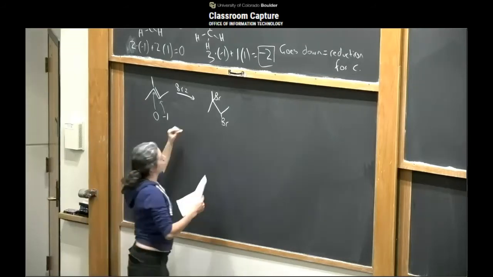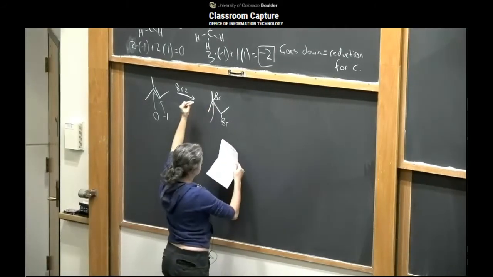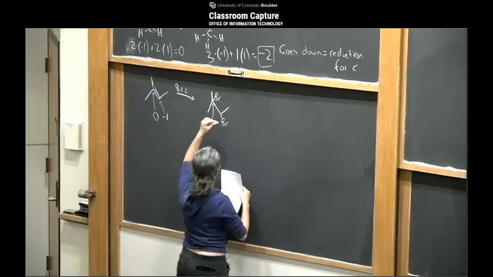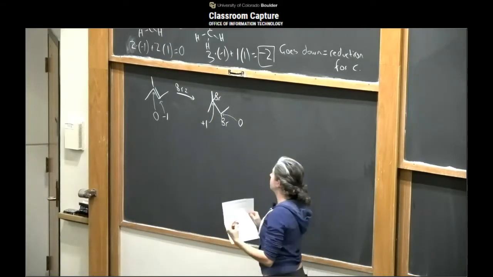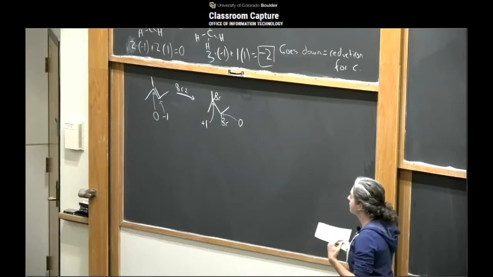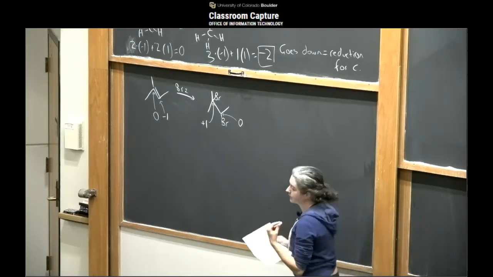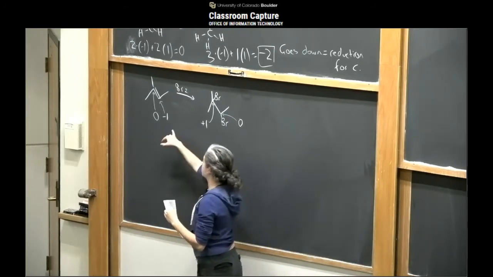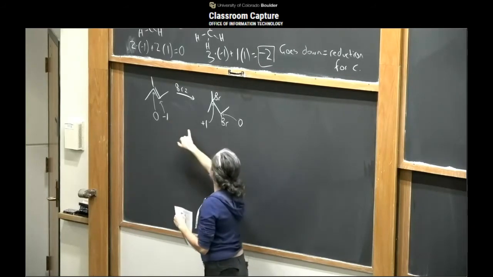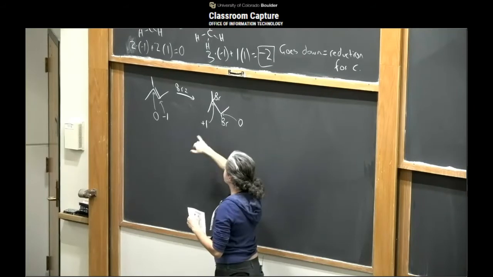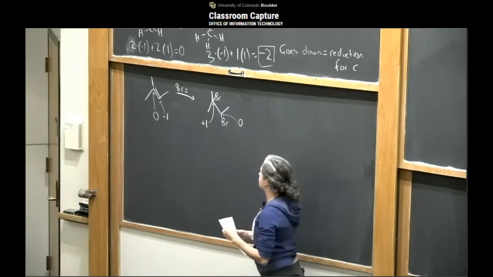After the reaction, though, this thing has an oxidation state of +1, and this thing has an oxidation state of 0. So all we have to do is add up the oxidation states of the atoms that are changing during the reaction. Here it's -1 total, and here it's +1 total. So this is an overall oxidation for the molecule.